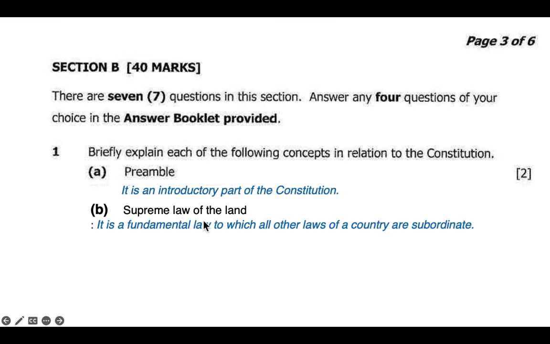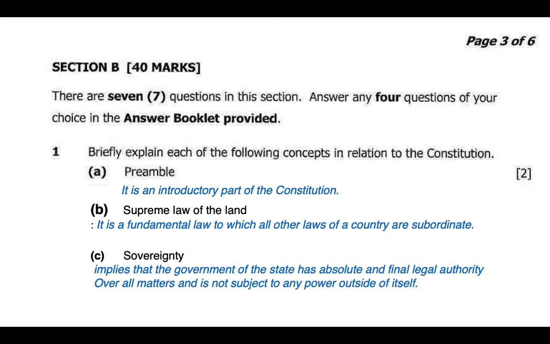Then also we have question C, sovereignty. So sovereignty implies that the government of the state has the absolute and final legal authority over all matters and is not subject to any power outside of itself.